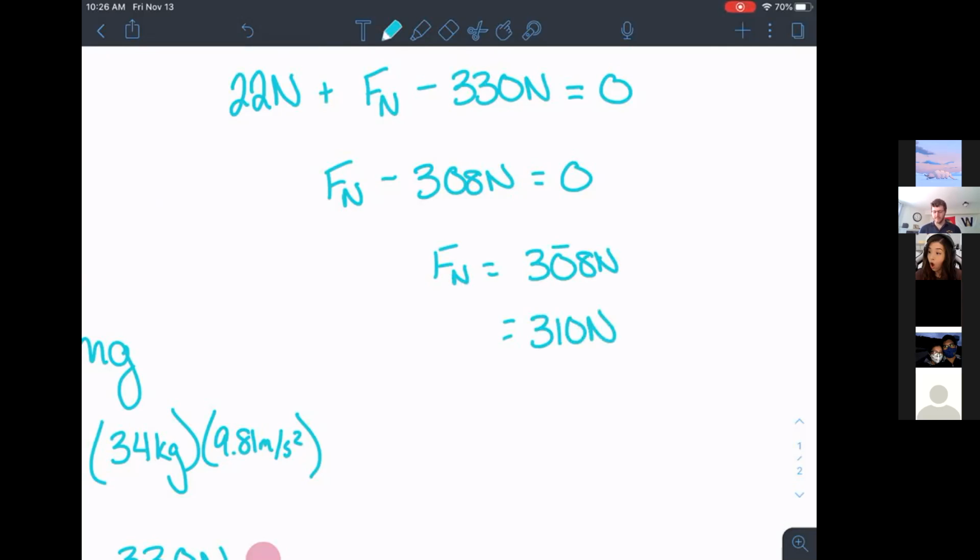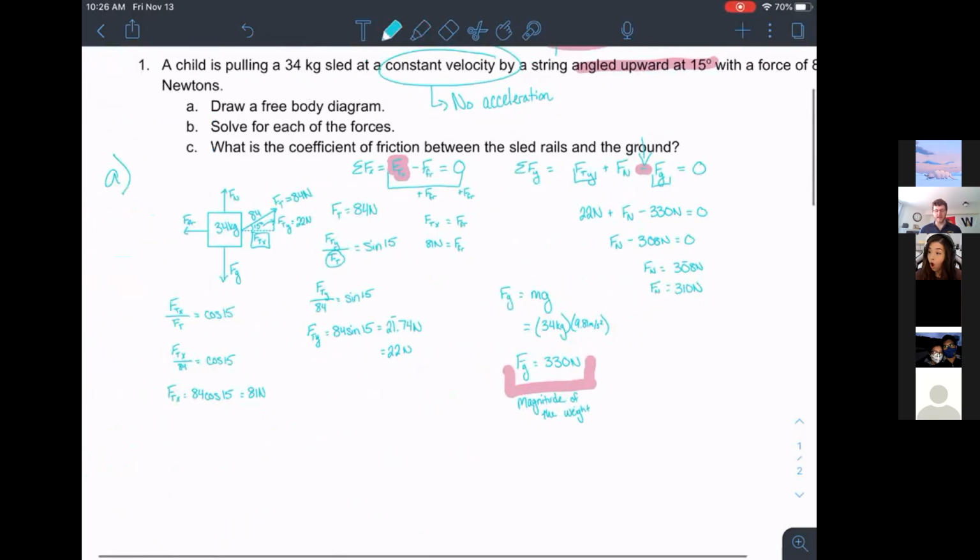Any questions so far on how we found any of our forces? Are there any forces left we need to solve for? No. No, so we're done with part B.